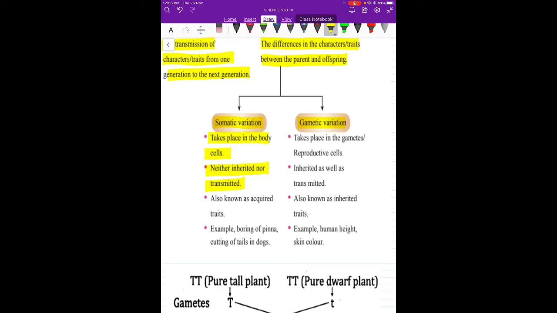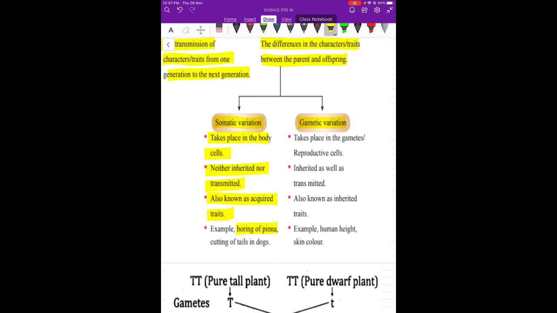It is just for that specific organism, and such variations are also known as acquired traits. What are the examples? If you make holes in the ears, it is not necessary that the child born to that person will also have the same holes.